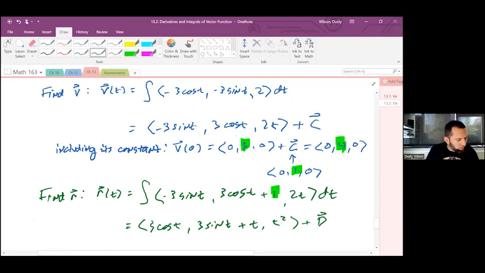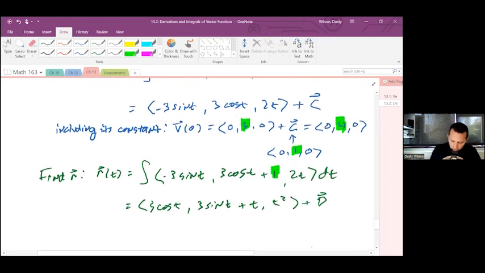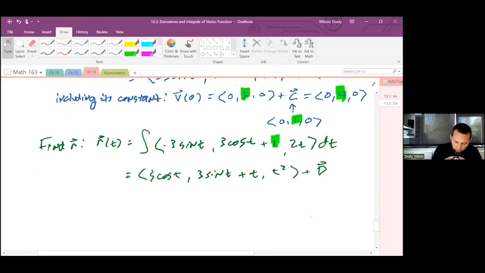Please recall that we were given that the launch value was 350. So we're finding r, including its constant. And so we want to find r of 0.